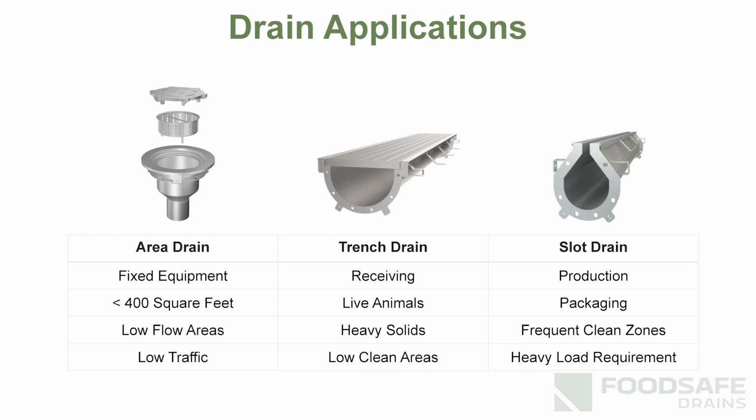So when we get down to it, what are we selecting, right? We've really got these three main types of drains that we see in the industry, which are area drains, trench drains, slot drains. Started with trench drains. Everyone was putting trench drains in and grates, but it turned out that grates aren't so great, and they're difficult to clean, they're unsafe.